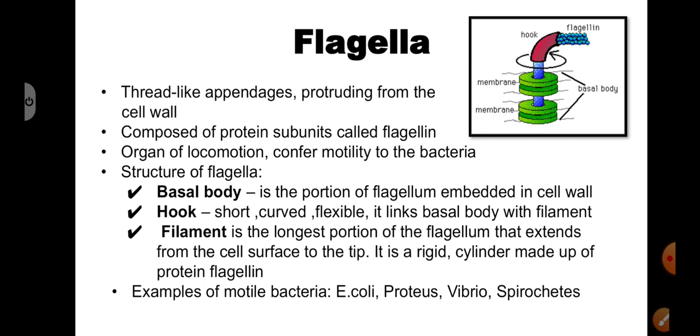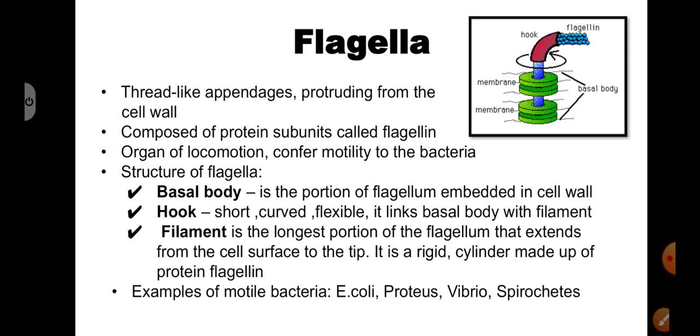Looking at the structure of flagella, the part embedded within the cell wall is the basal body. Then next is the hook, the red component you can see here in the picture, which is short, flexible and curved, linking the basal body and the filament of the flagella.